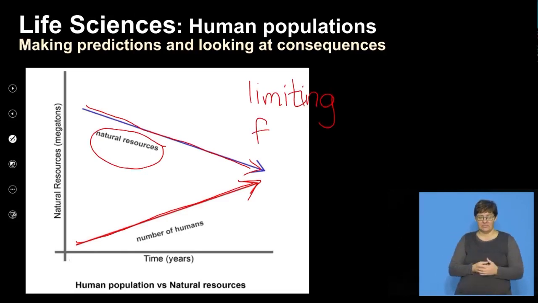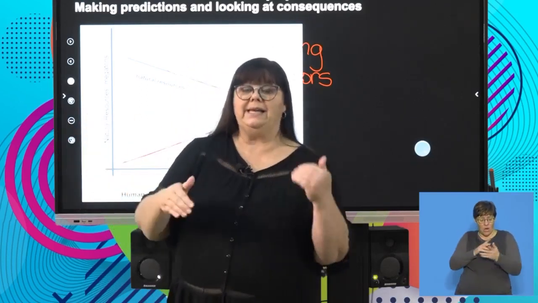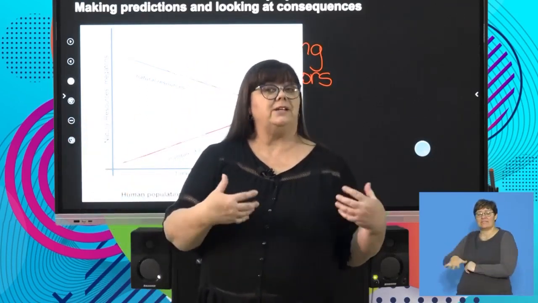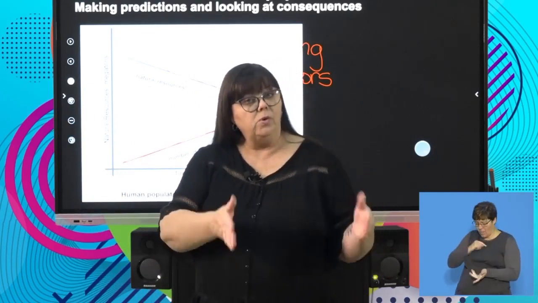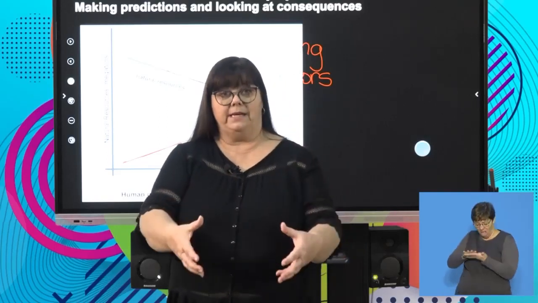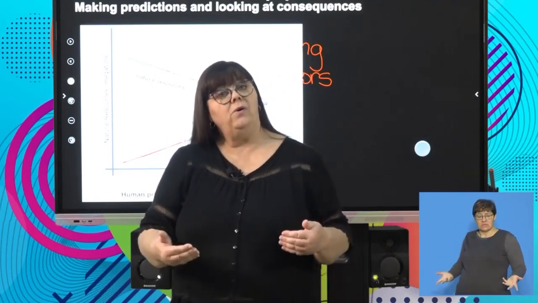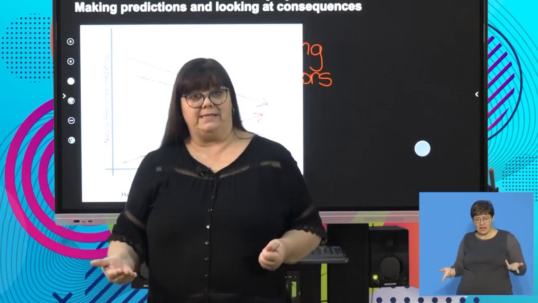The limiting factors are things like food, water, space, and the amount of waste that is building up is also very important, because very often the amount of waste and pollution that builds up impacts negatively on natural resources, such as water, for example. If the water is contaminated, that means although it might physically be there, it's undrinkable or unusable, and so therefore the natural resource has decreased.